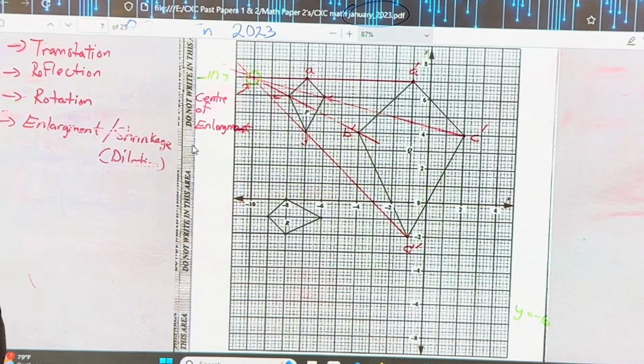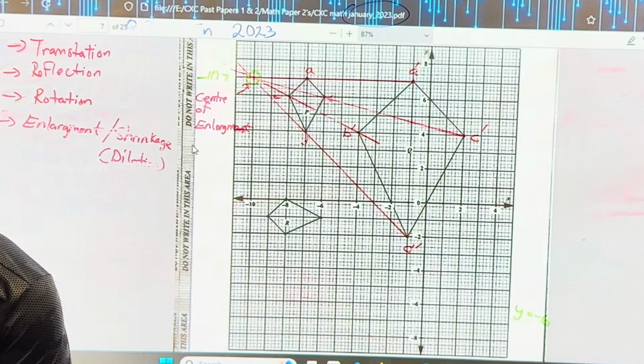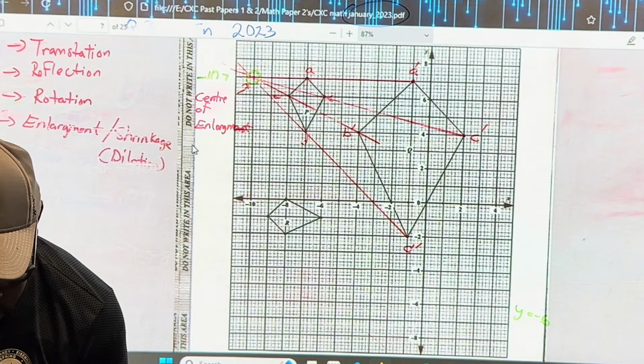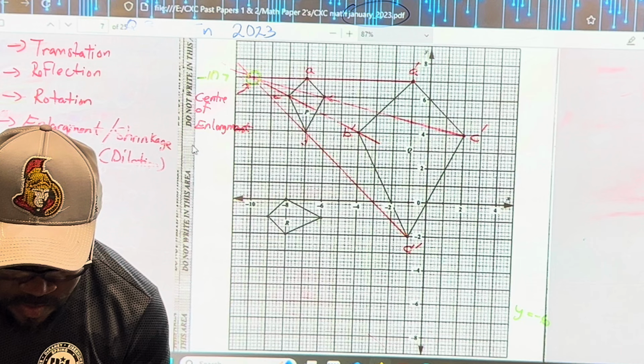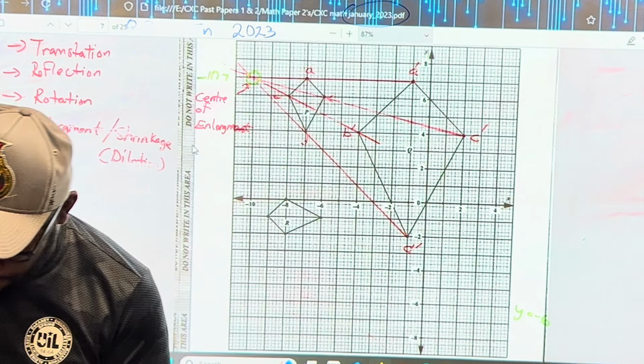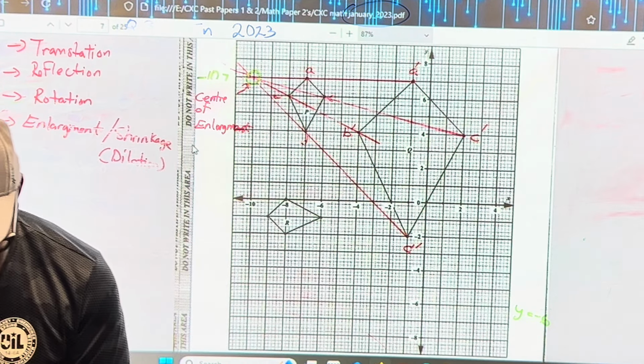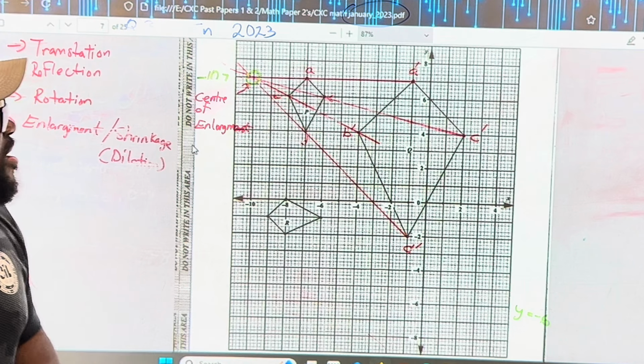Okay? That is seen as the center of enlargement.